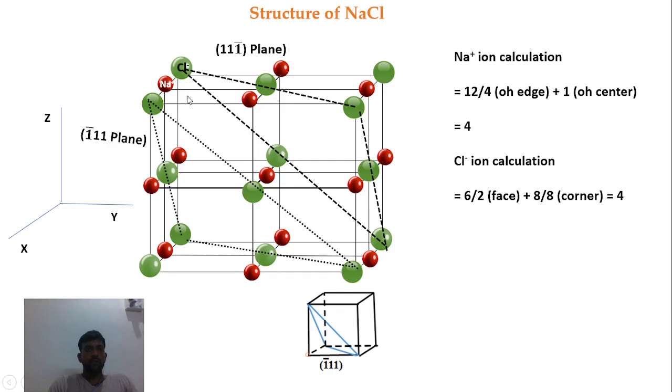Then Cl minus ions are at the corners and the faces. So this is for information.